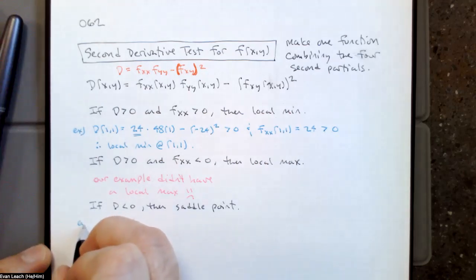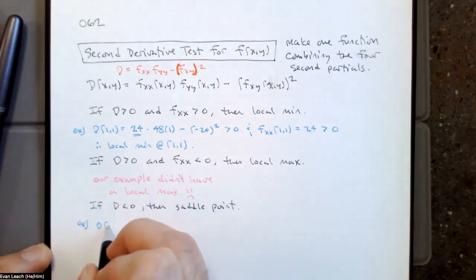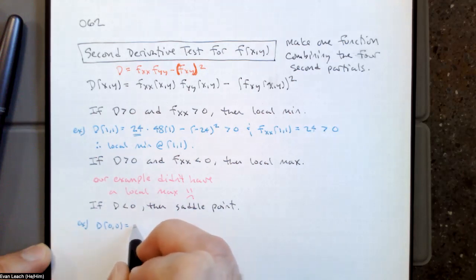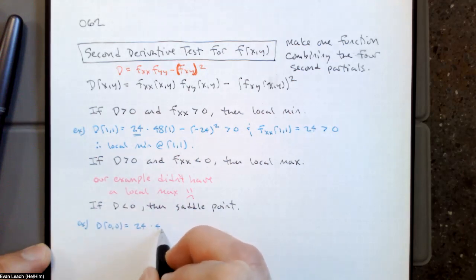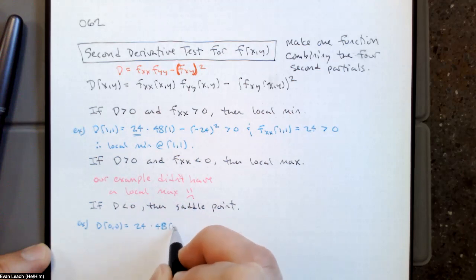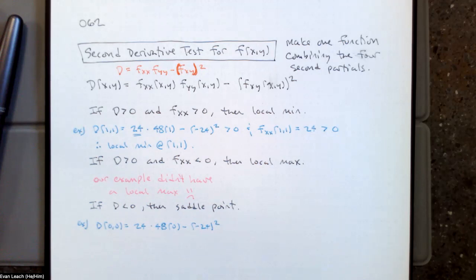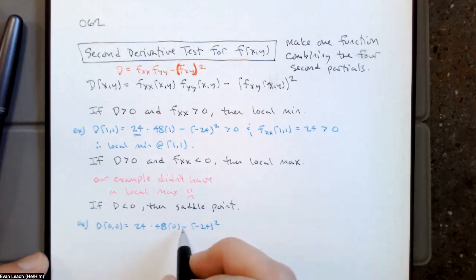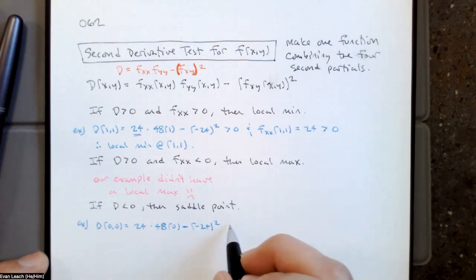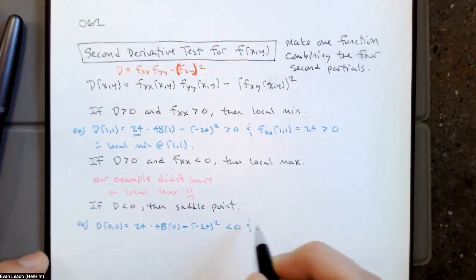In our example from before, d of 0, 0 was 24 times 48 times 0 minus a negative 24 squared. Since this is all 0, we're subtracting whatever negative 24 squared is. So this is going to be negative.